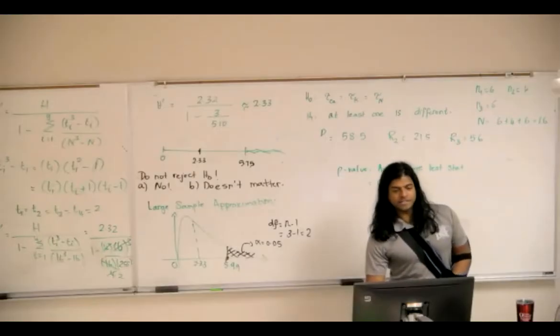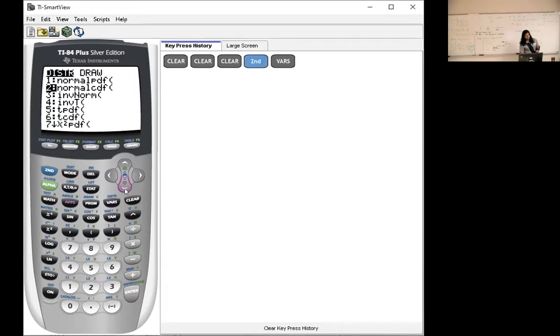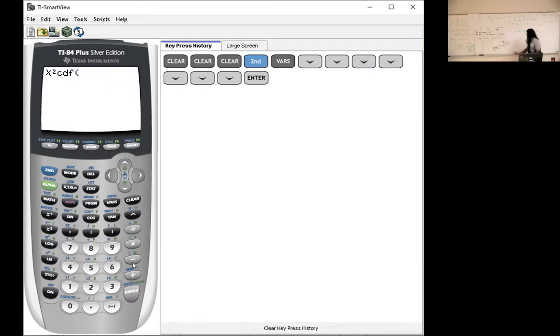When it comes to chi-squared, we can use the calculator here to find the p-value. So we use normal CDF to find p-values using the normal distribution. Here, press 2nd, VARS. If you scroll down, you'd find option number 8, which is chi-squared CDF. Starting value would be 2.33. What is the ending value or the upper endpoint?